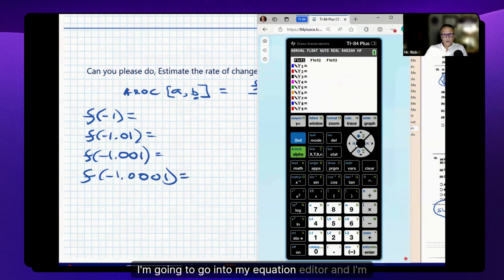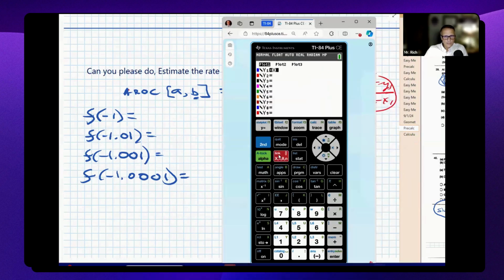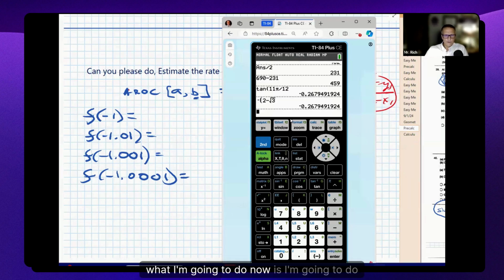I'm going to go into my equation editor and put in the equation we are working with, which is x squared minus x. There it is. Now I'm going to do something that a lot of teachers might not show you: I'm going to use the table feature.